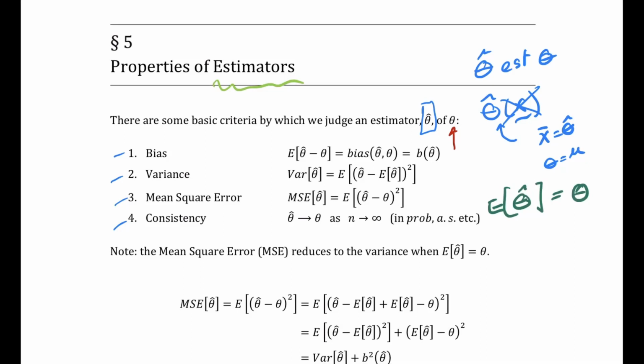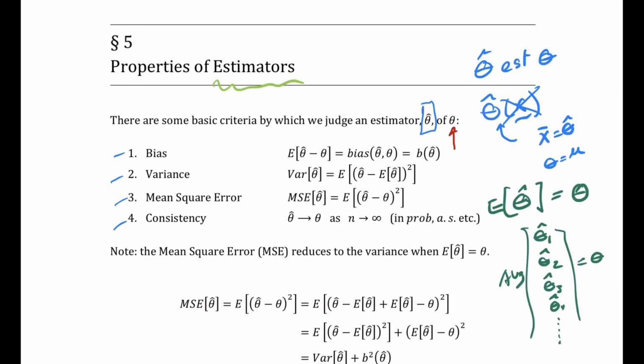Now, what does that mean on average? That might mean you do experiment 1 and you get an estimator. Then you do experiment 2 and you get an estimator. You do experiment 3 and you get an estimator. You do experiment 4 and you get an estimator, etc. And if you took the average of those things, then they're going to be centered right on the thing you're trying to estimate.